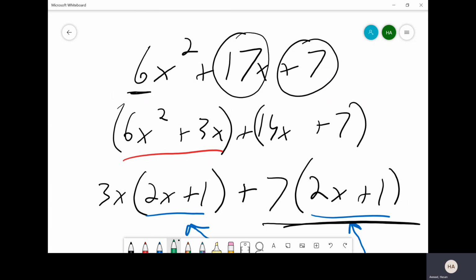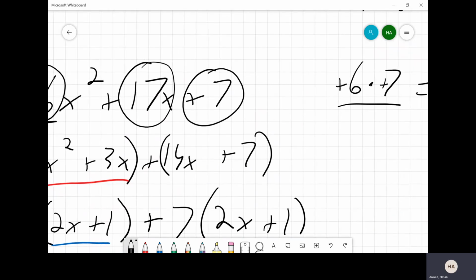So there's a little bit more to it when our leading coefficient to the x squared is not equal to 1. And for the record, you still need to do this exact process if your leading coefficient is even -1.